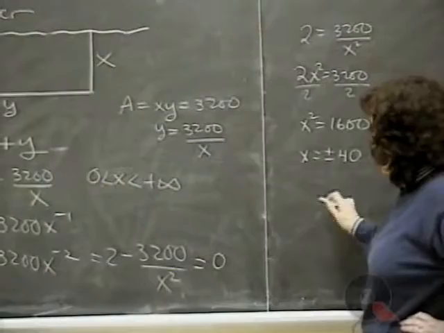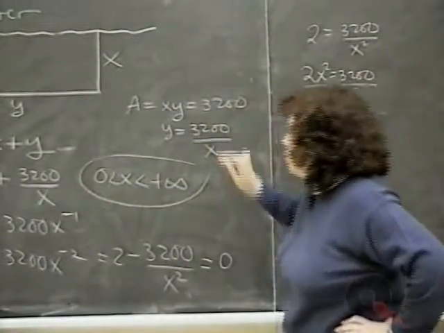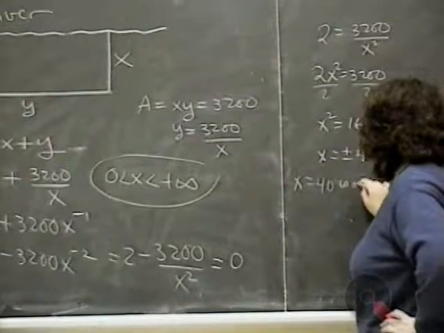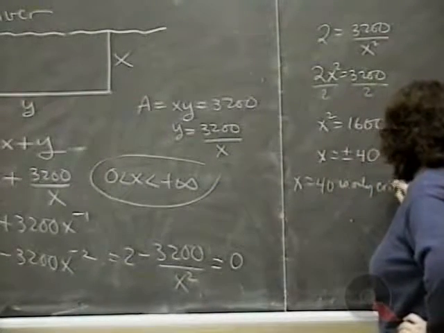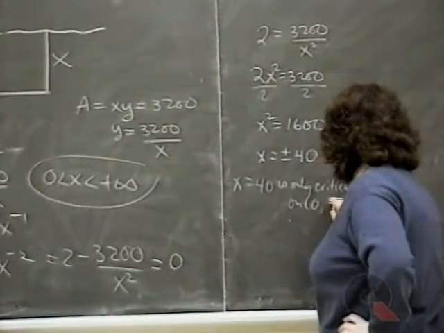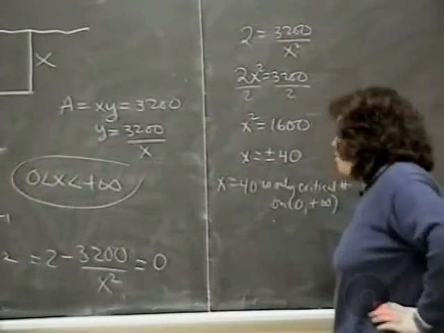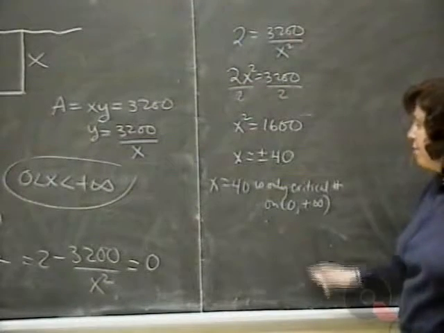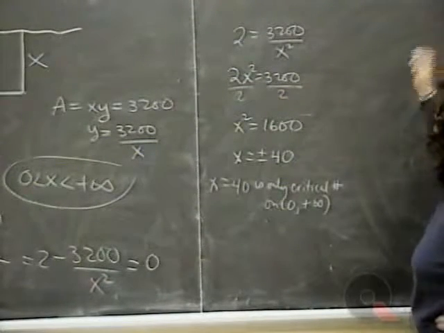Now, we had an interval from 0 to infinity, so x equals 40 is the only critical number on the interval in question. So if we could show that there is a local min when x equals 40, it would also have to be the absolute min.